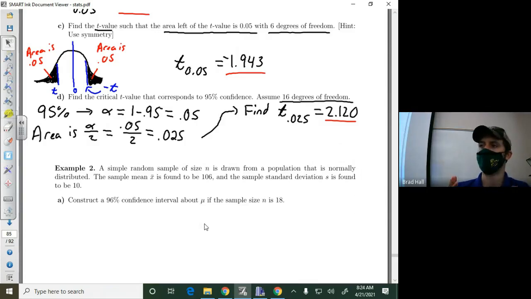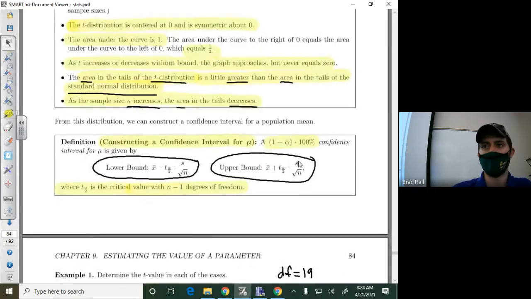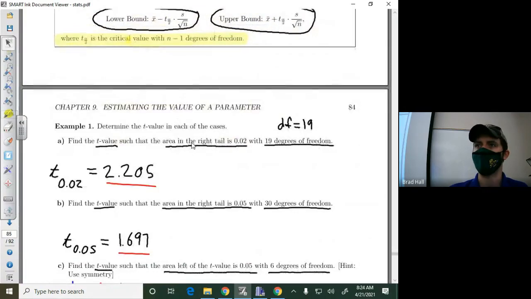So now they want us to construct a confidence interval. And we construct a confidence interval by utilizing the lower and upper bound formulas that are found up here. Or in other words, we're finding the error and adding that and subtracting that from the sample mean.